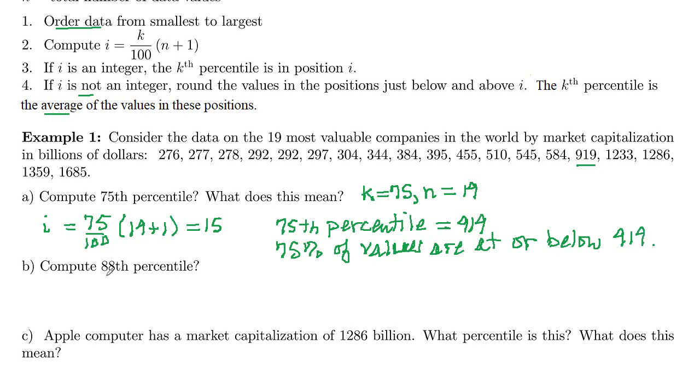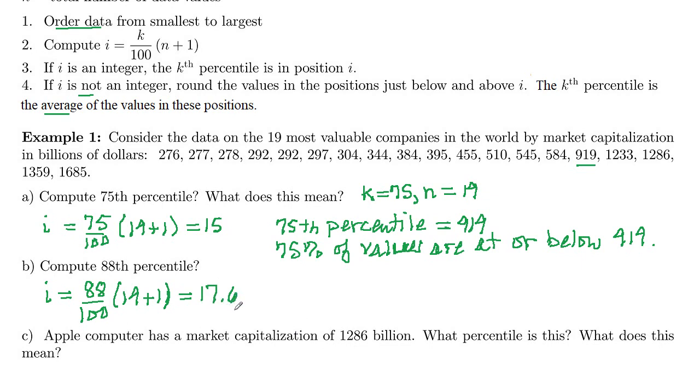How about the 88th percentile? So k and n stay the same. Compute our I here, which is going to be 88 divided by 100, and then multiply by that 19 plus 1. And if you do the calculator work here, you will get 17.6.